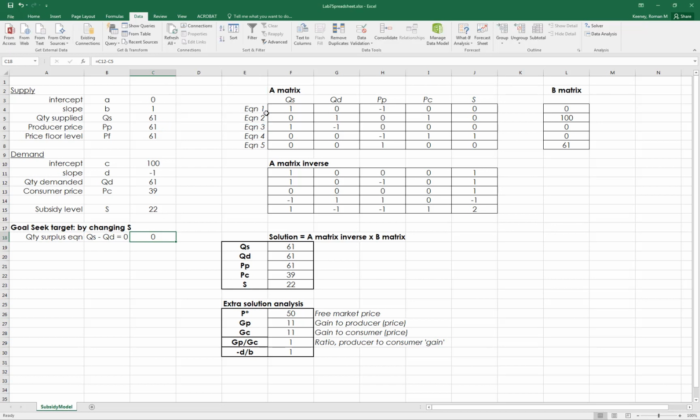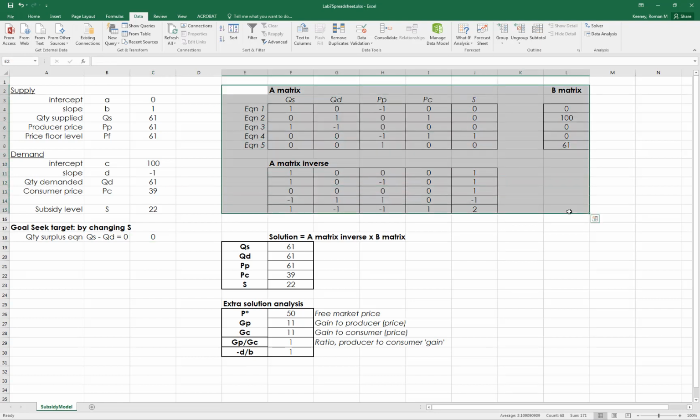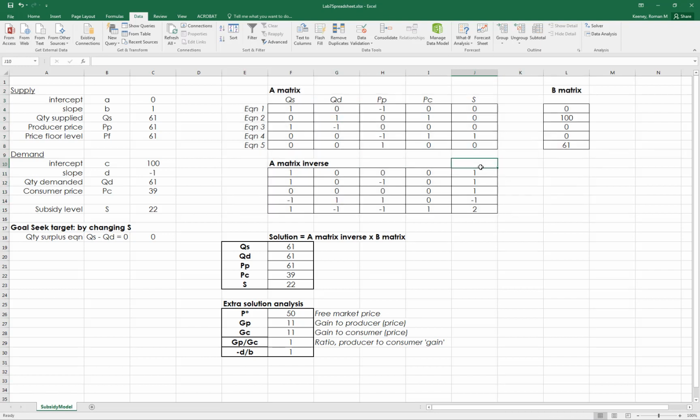Now if you move over to the right here where I have the matrix set up, the solution for this problem, let me just point out a few things. This cell right here is set to the supply slope, just like we talked about in the PowerPoint. This cell is set up to the demand slope. This cell is set to be the intercept of supply.